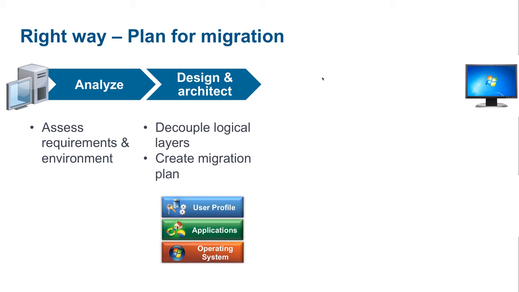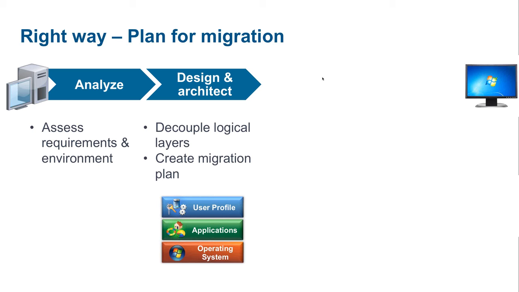Then we're going to sit down based on that information, and you're going to design and architect it. One of the biggest things in the design and architecture portion is decoupling logical layers, right? And that's where you really start to flesh out what a migration plan is going to look like.